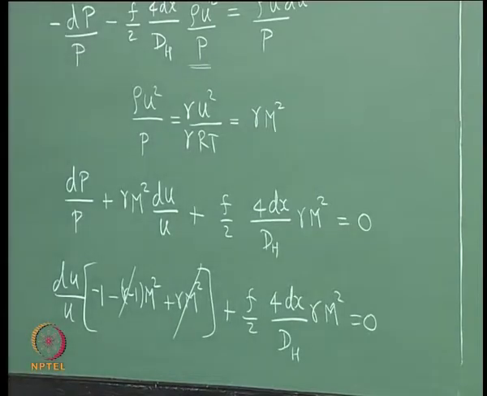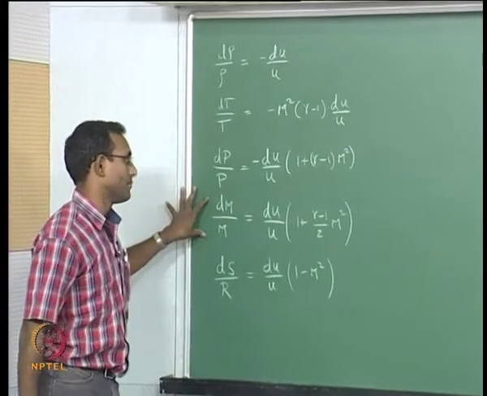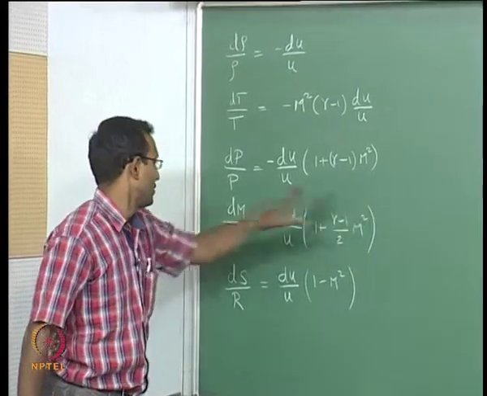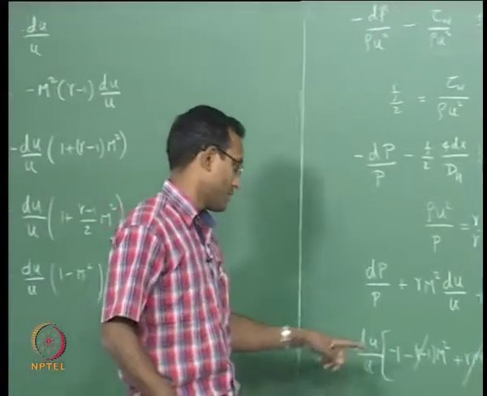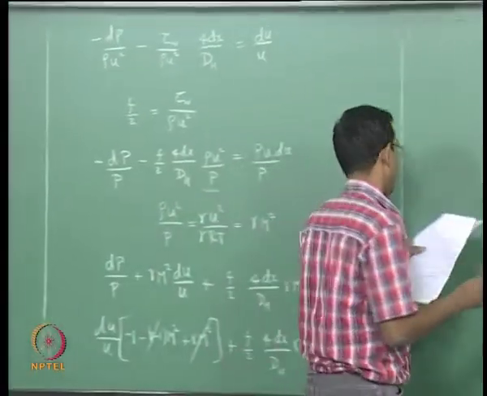Now I will look at here, du by u can be written in terms of dM by M if I take this bracket to the other side. So I will put that expression inside here along with this M square minus 1, and write the whole thing here.